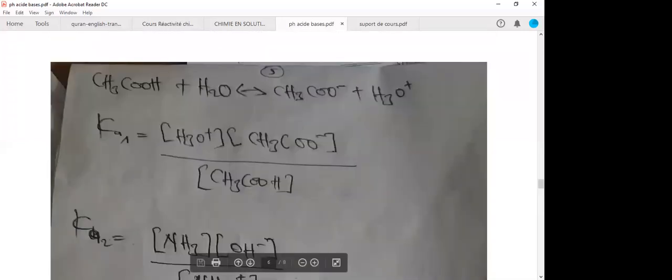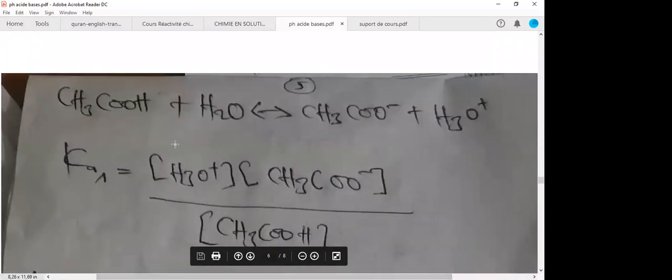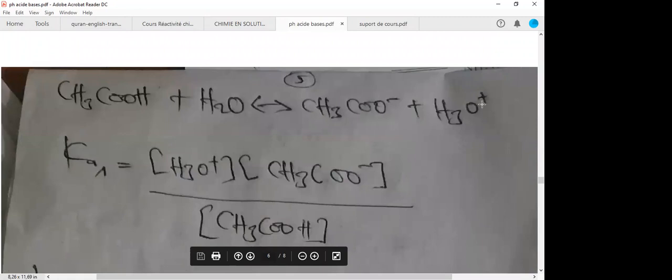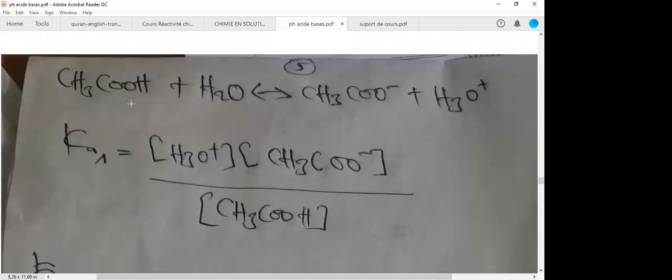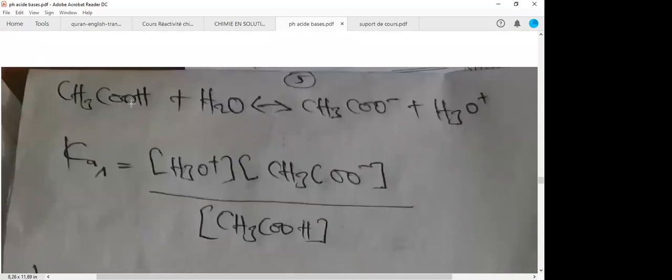Okay. When this acid decomposes, it forms this one and this one. So we write Ka equal to the concentration of H3O plus times the concentration of the base conjugate divided by the concentration of the acid. That is Ka1.